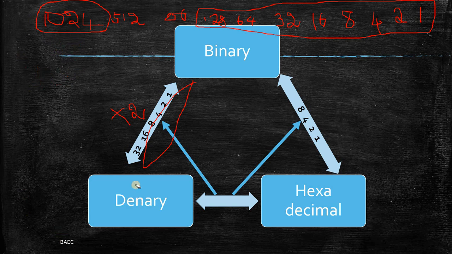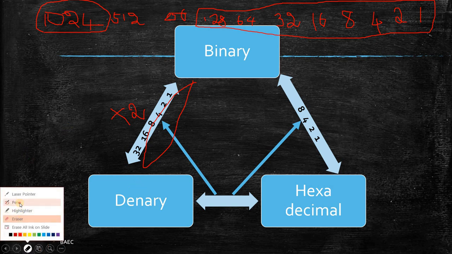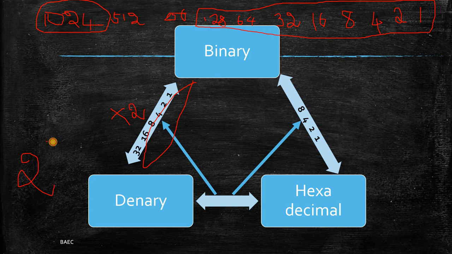Hope it's clear? In 1024, how many 2 to the power is there? Say for example 2 to the power 3. What is the answer? 2 times 2 times 2, right? Is it 6? No, it is 8. 2 times 2 is 4, 4 times 2 is 8.